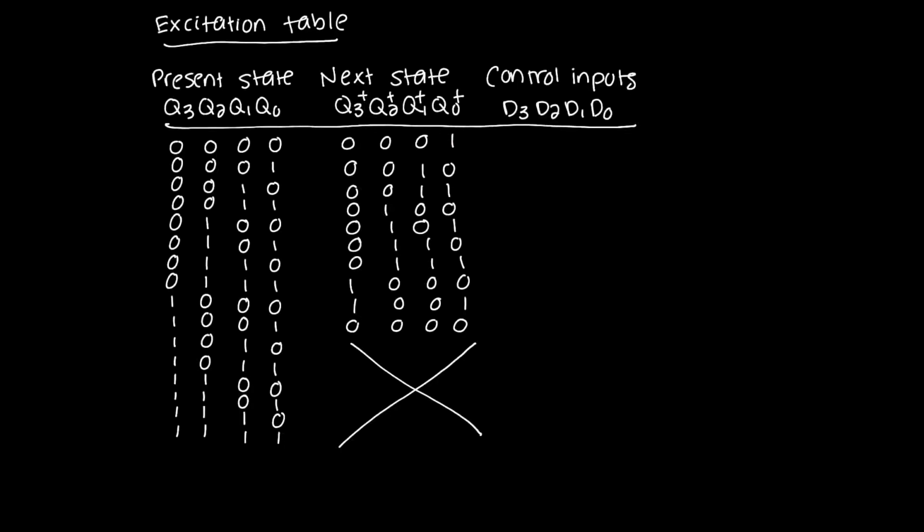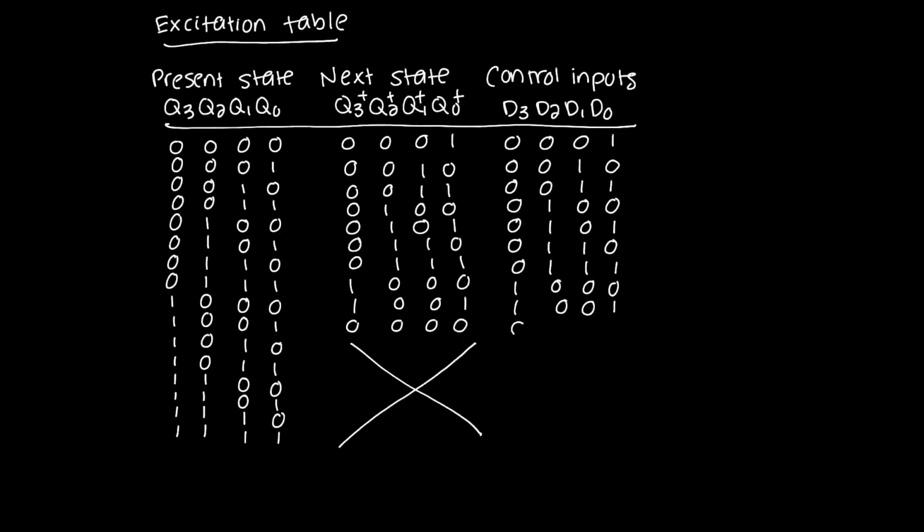So really, the control input columns just mimic the next state for D flip-flops. Of course, for JKs, everything is much more complex when you're doing the excitation table, but I'm not using JK flip-flops. I'm using D flip-flops for this. And we'll contrast it. And my big fat X.